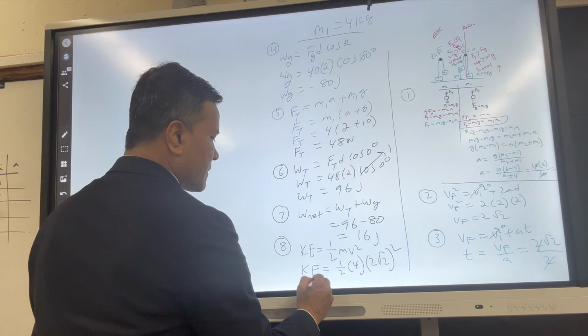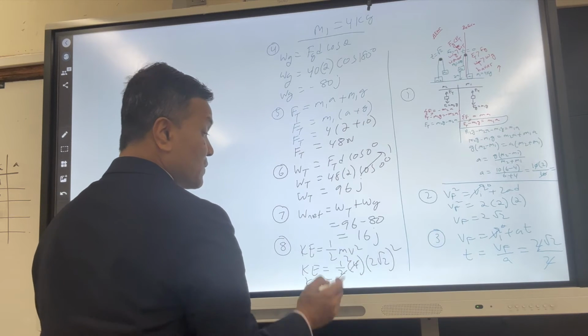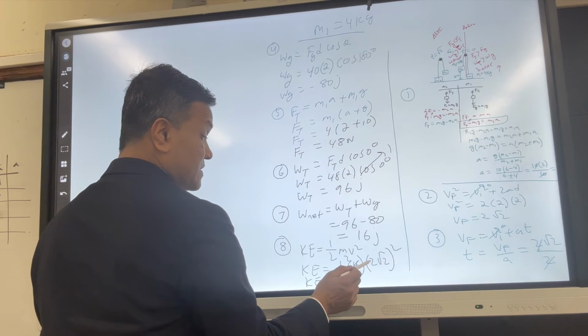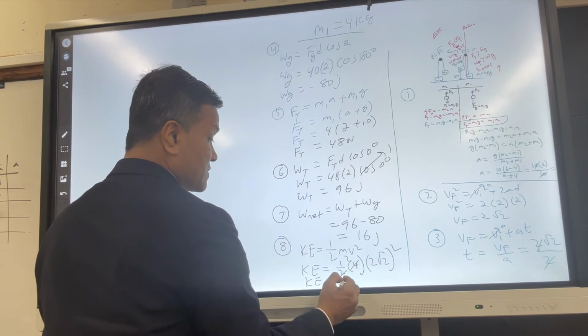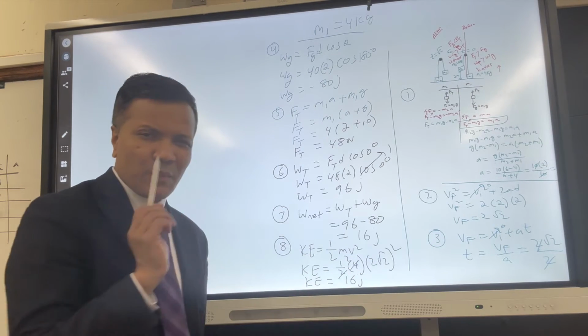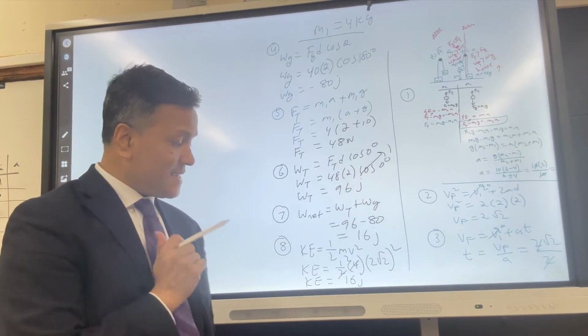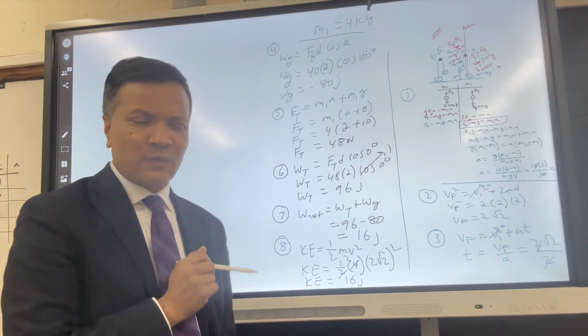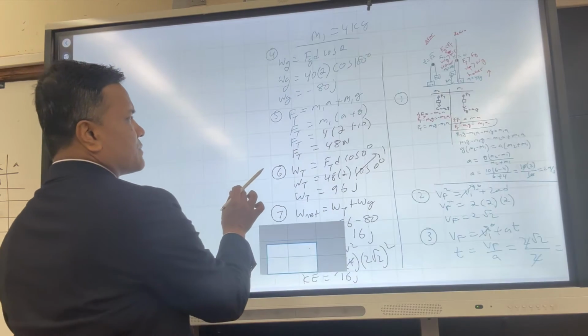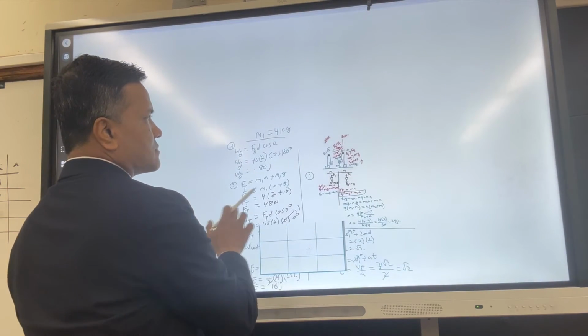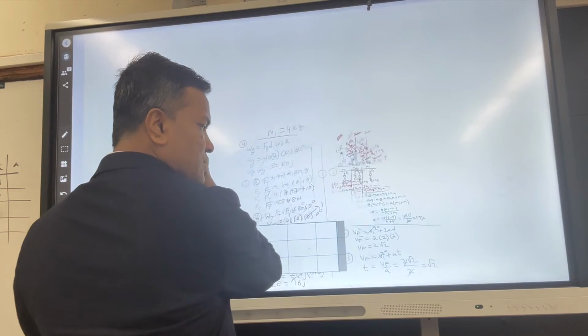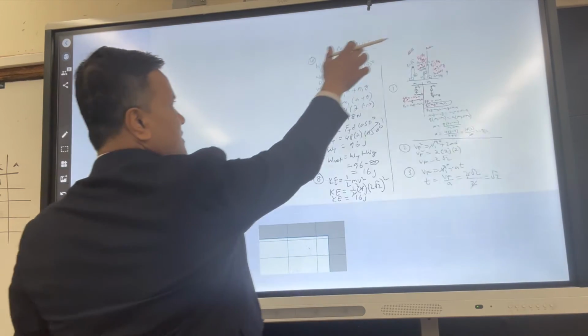So K is equal to half times 4 times 8, which is 16 joules. So we prove that the kinetic energy of mass 1 is indeed 16 joules. Now, we're going to do more things.